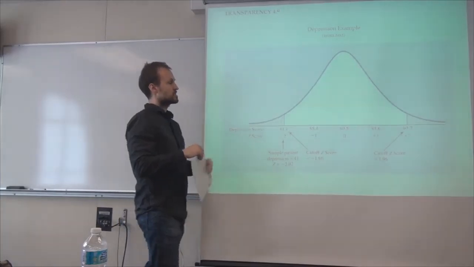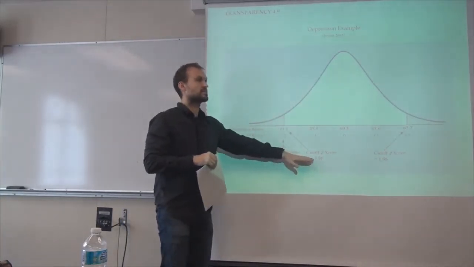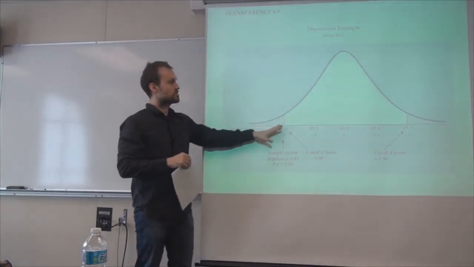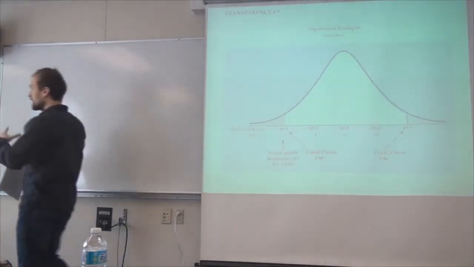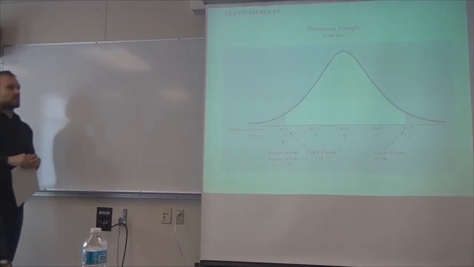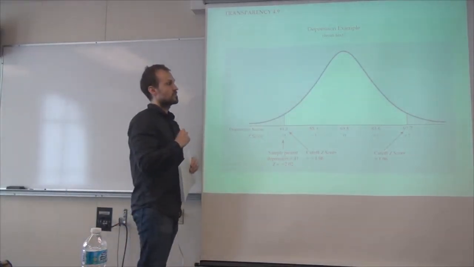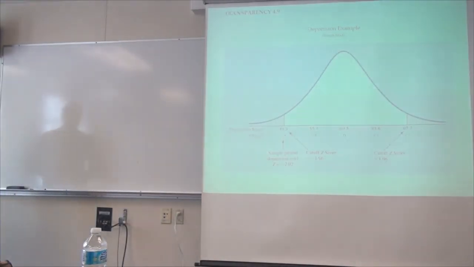Now, a hypothesis test needs some cutoff value. Find the cutoff value. Now let's see what my sample is doing. Where does that sit in relation to this cutoff critical score? And then based on that, I make a decision whether the evidence is strong enough to reject the null hypothesis in favor of the research hypothesis.